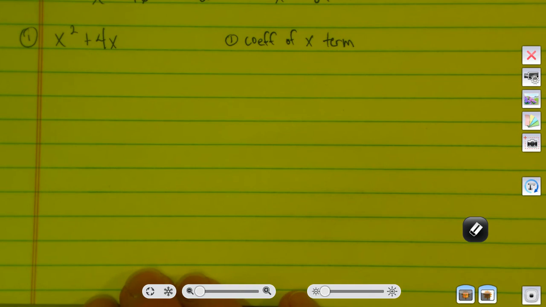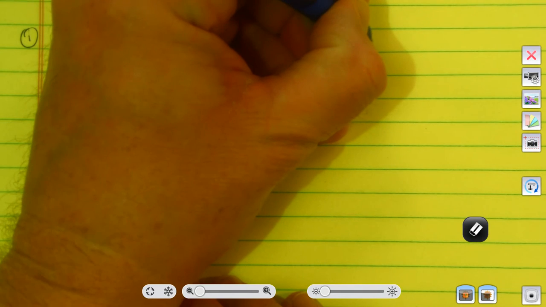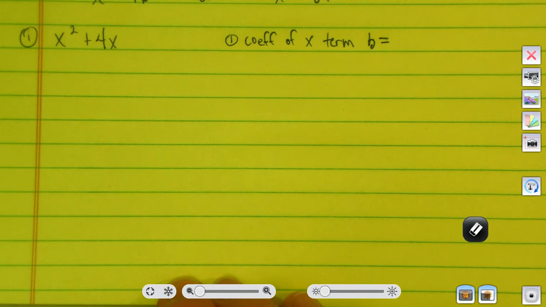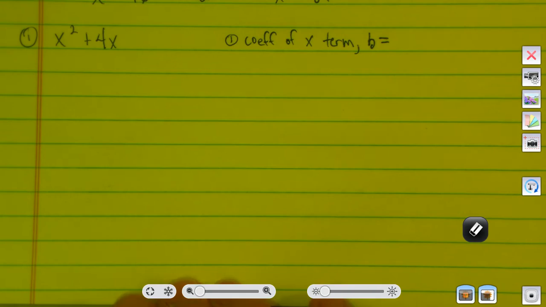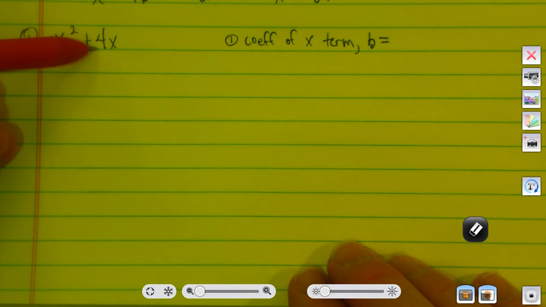Okay? So the coefficient of the x term, by the way, we label that number to be b. Remember, a is the number in front of x squared, b is the number in front of x, and c is the constant. And so that number is found right there. It's 4.